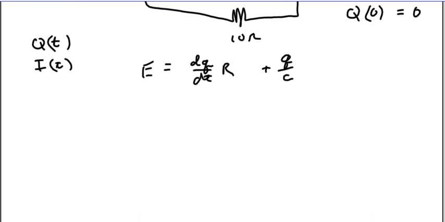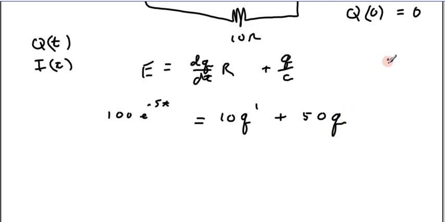Okay, so we know that, and that's going to be 100 e to the minus 5t equals 10 q prime plus 50q, because 1 over 0.02 is 50.